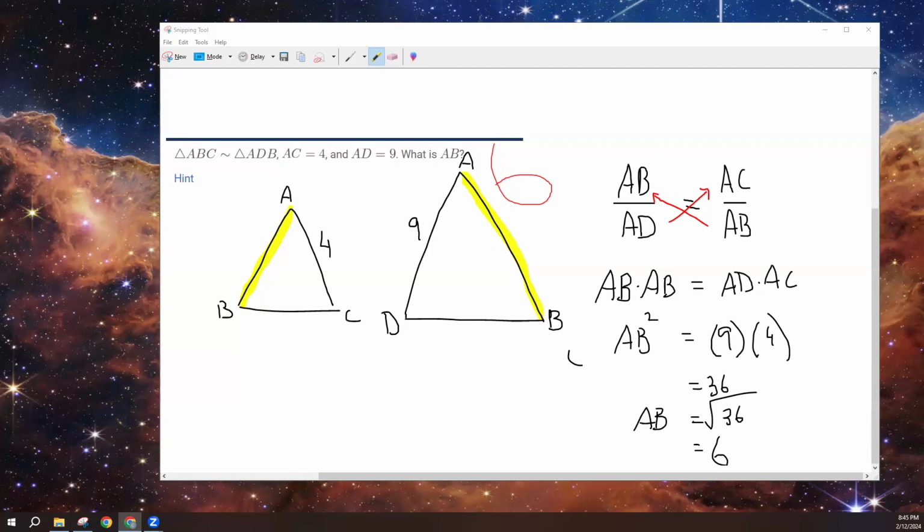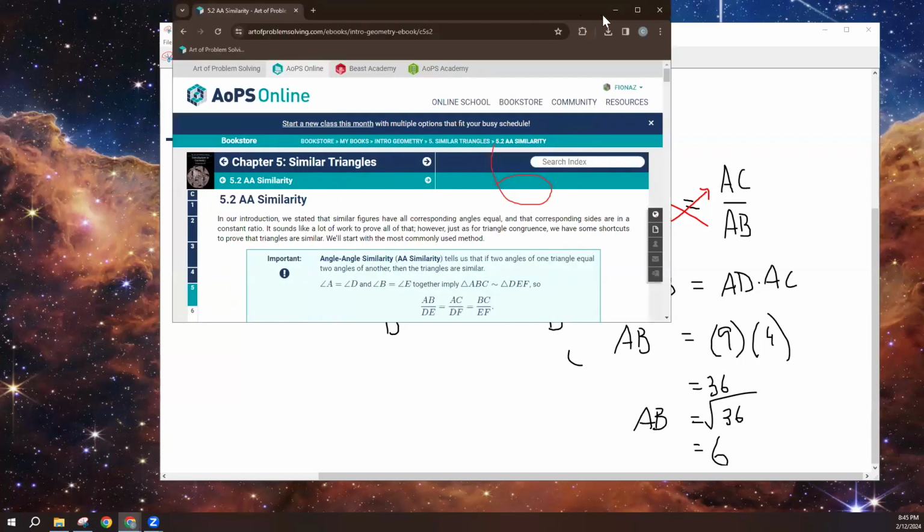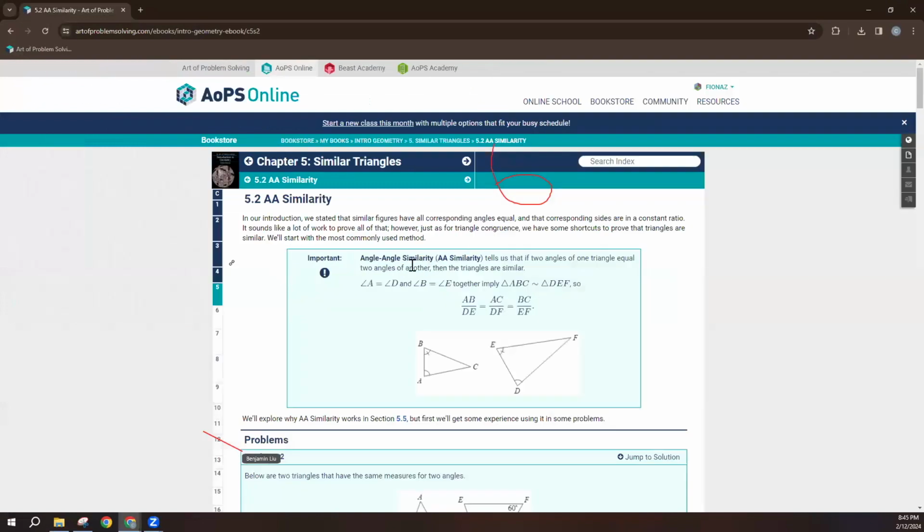That is what is being communicated right here. Where these two triangles, triangle ABC and triangle DEF, are similar, then angle A is going to equal angle D, angle B is going to equal angle E, and then by implication, that means that angle C and angle F must also be the same.